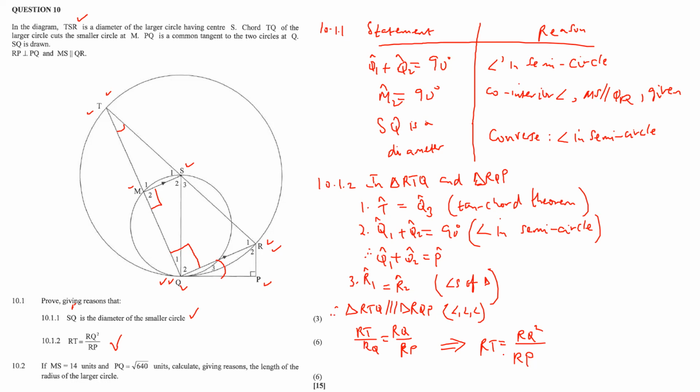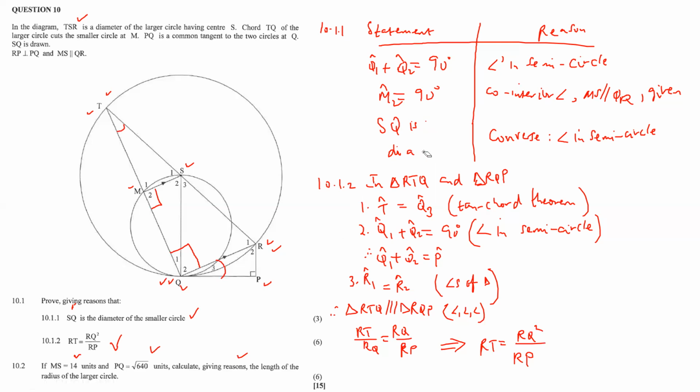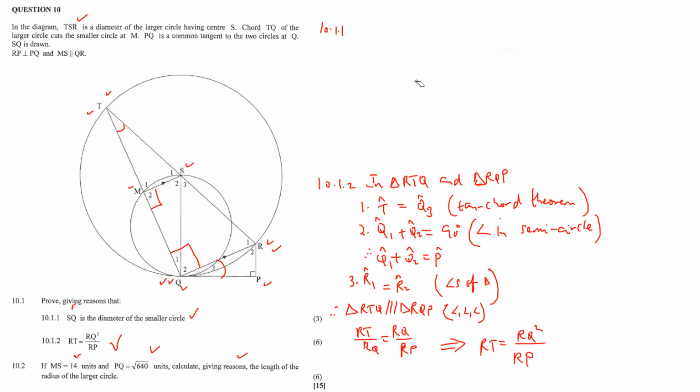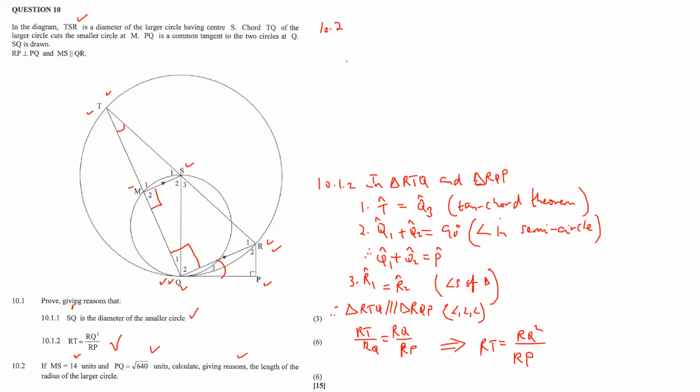If MS is 14 units, and PQ is the square root of 640 units, calculate, giving reasons, the length of the radius of the larger circle.